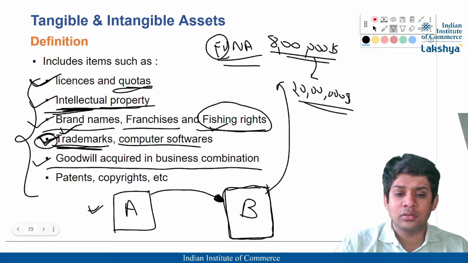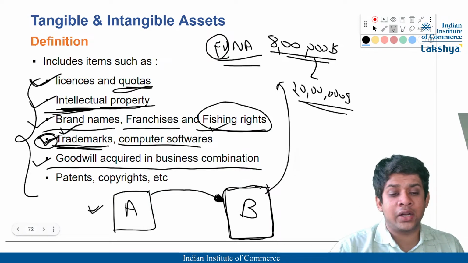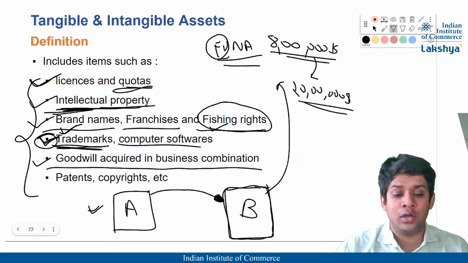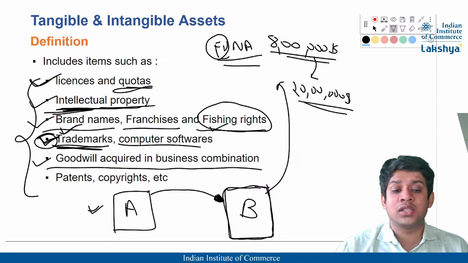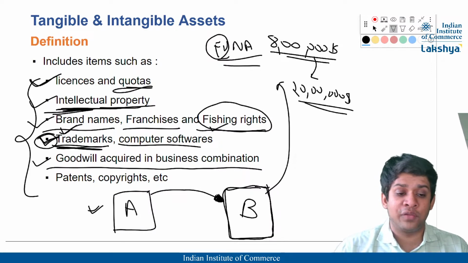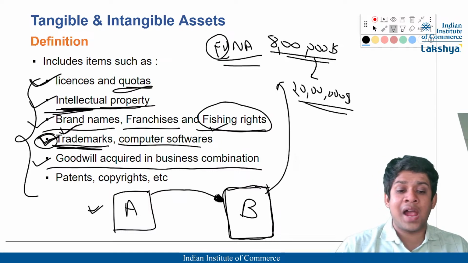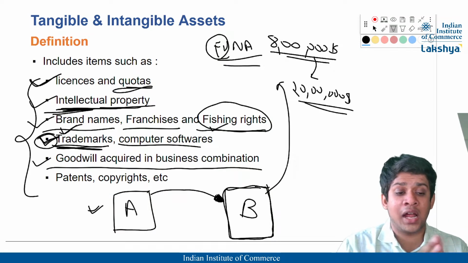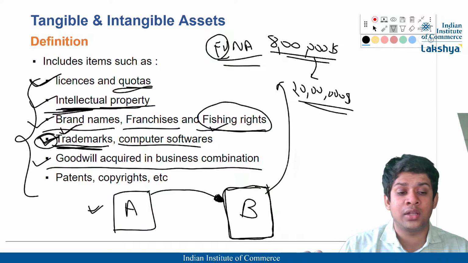Company A will say, why? Your assets are worth only 8 lakh dollars. Why would I pay you 20 lakh dollars for that asset? Company B will say, firstly, I have worked within my company for a couple of years, right? Because of which I have my own customer base. I have certain loyal customers. I have a competitive position in the market. I am a very good and well known company out in the market.